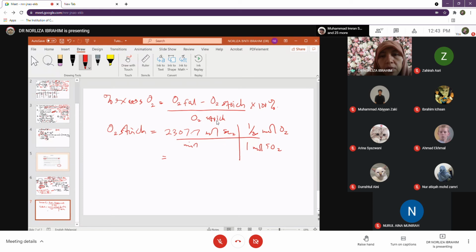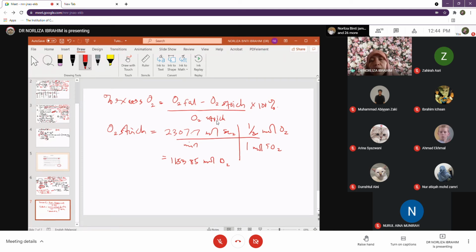So the oxygen required is 2307.7 divided by 2, which is 1153.85. So only this amount of oxygen is required according to the stoichiometry with that amount of SO2.